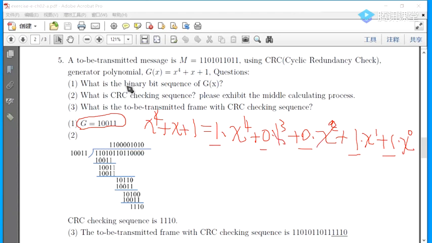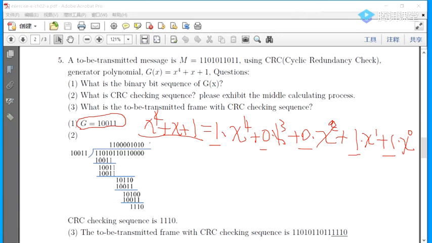Then we get the binary bit sequence 1, 0, 0, 1, 1. What is the CRC checking sequence?